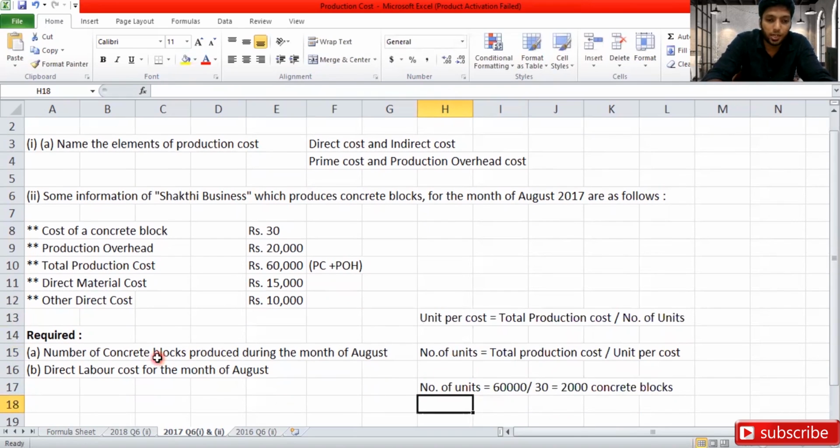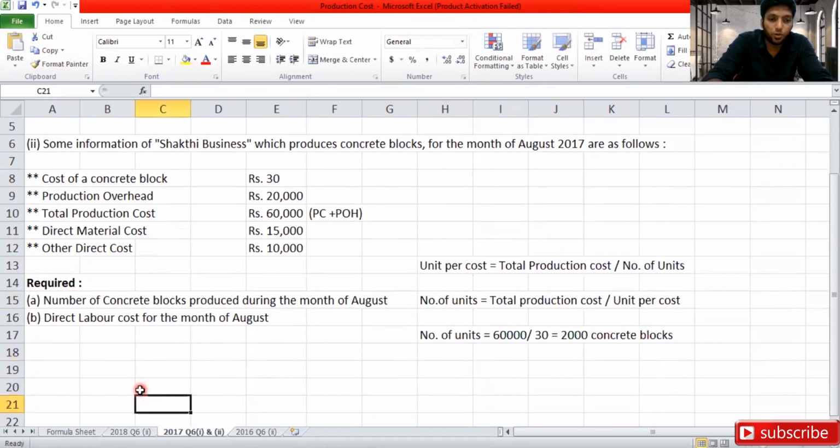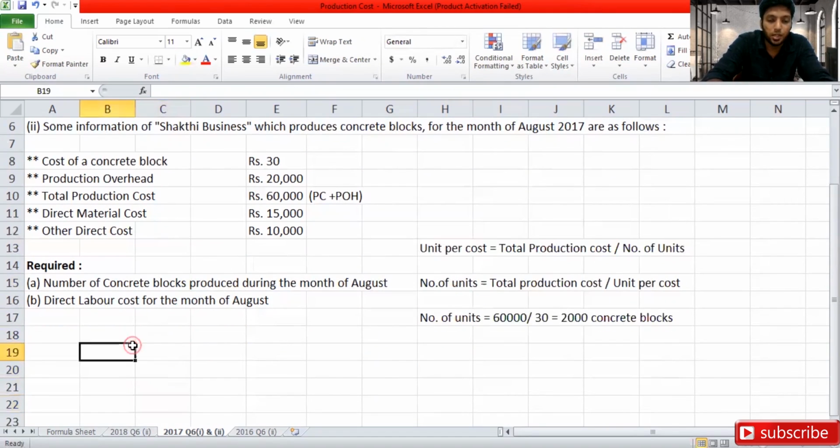So let's move on to direct labor cost for the month of August. How do you find the direct labor cost? It's very easy. You need to know the total production cost. We'll write that first. Total production cost is 60,000. I'm going to remove my production overhead cost. If I remove the production overhead cost from total production cost, I will get my prime cost.